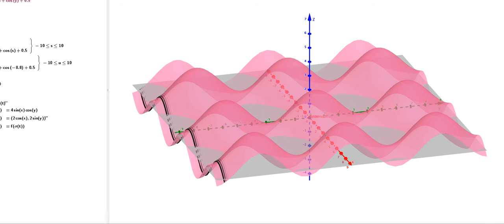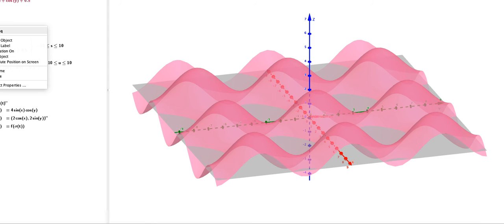All right, so I'm gonna wait for this curve to return to some convenient location, and then we'll talk about the partial derivatives.